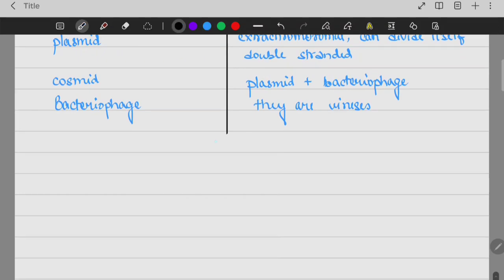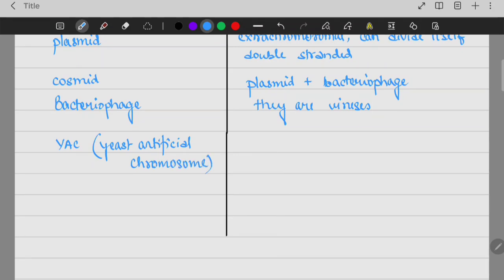The other one is YAC, that is yeast artificial chromosome. This yeast is helpful for cloning of larger DNA segments, for large DNA segments.